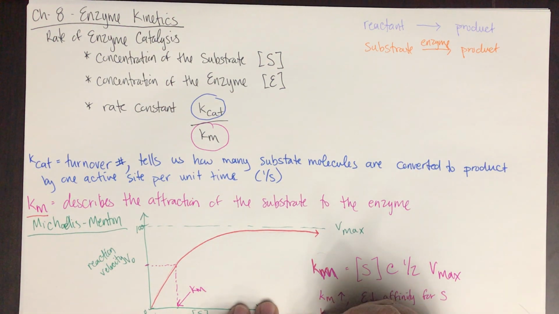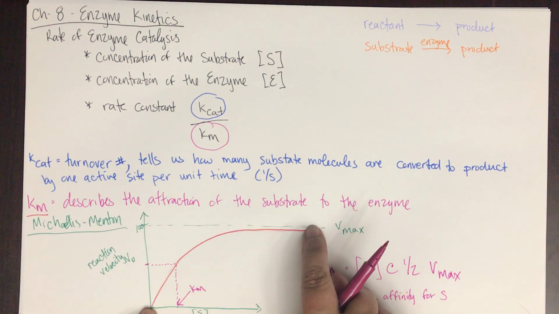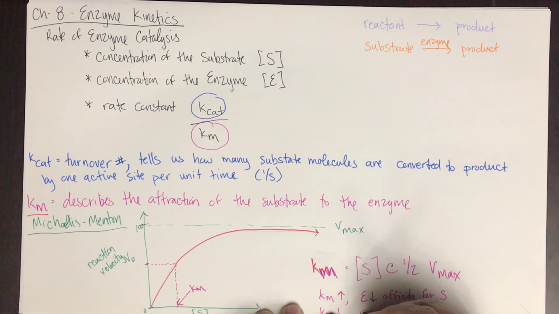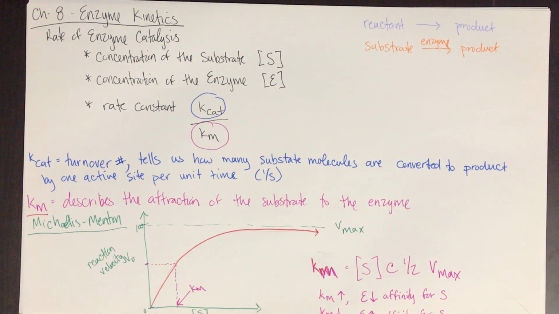If the Km is low, like if the Km was back here, that means this curve would be really high to have 1/2 the Vmax. A low Km means the enzyme has a high affinity for the substrate. So this is the Michaelis-Menten plot.